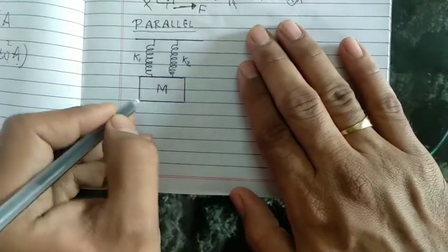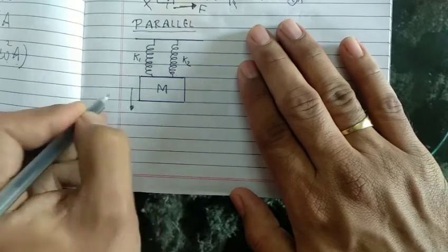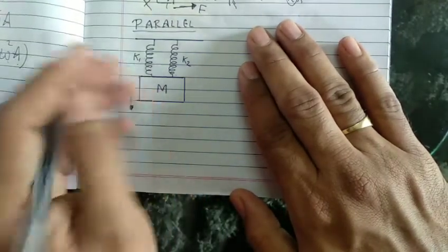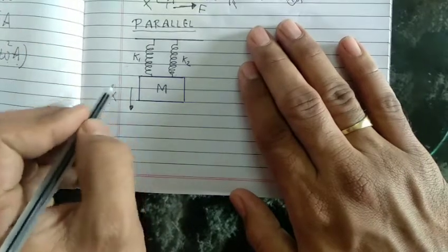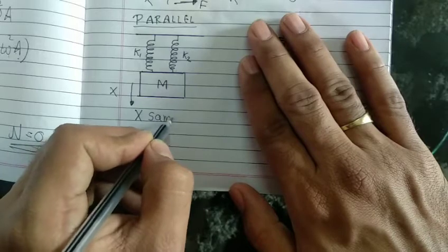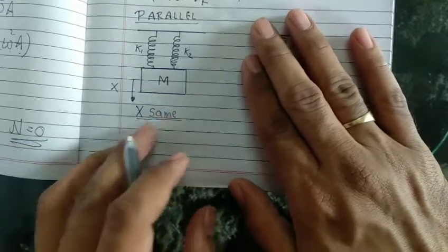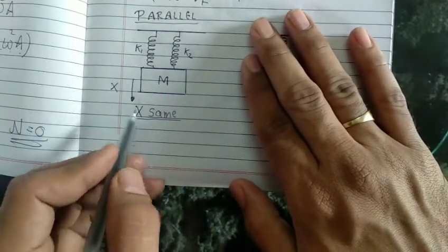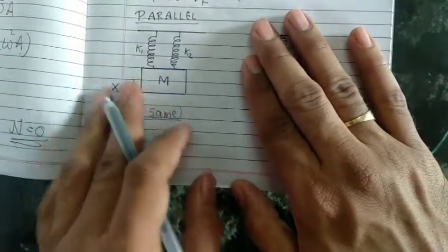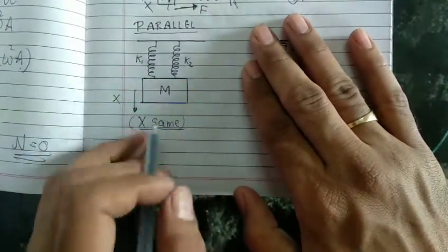If this block goes down by x meters, both springs will stretch by x meter. So x will be the same in both springs. The elongation, the stretching, will be the same in both springs. So whenever x is the same in the two springs, they are said to be in parallel. For parallel, x has to be the same.